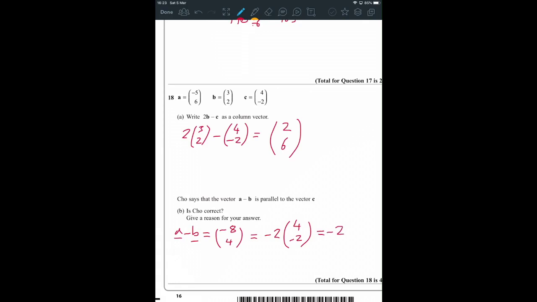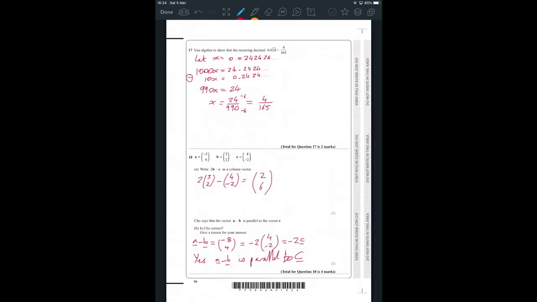Well, that's minus 2 lots of c. Well, then a minus b is a multiple of c, so yes, a minus b is parallel to c. We've shown that those two vectors are a scalar multiple of one another, hence they are parallel.